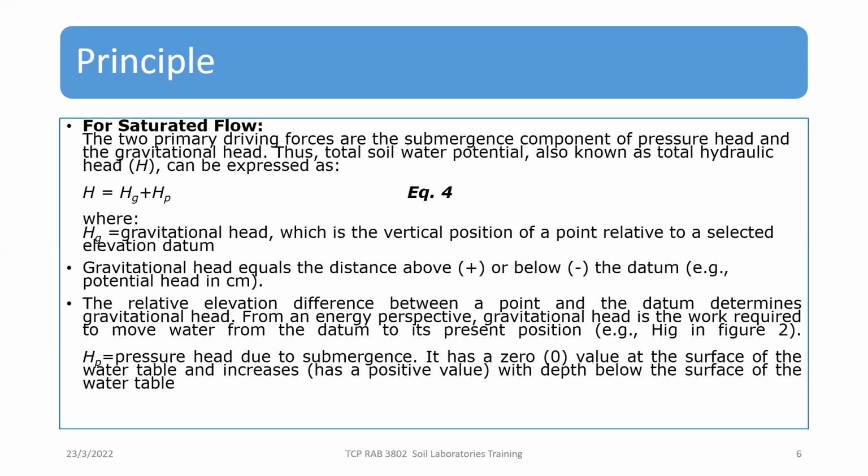In comparison, if you put 2 centimeters of water, this will create a greater hydraulic potential for that soil. So the two primary drivers are the head from gravity and the head from hydraulic potential.